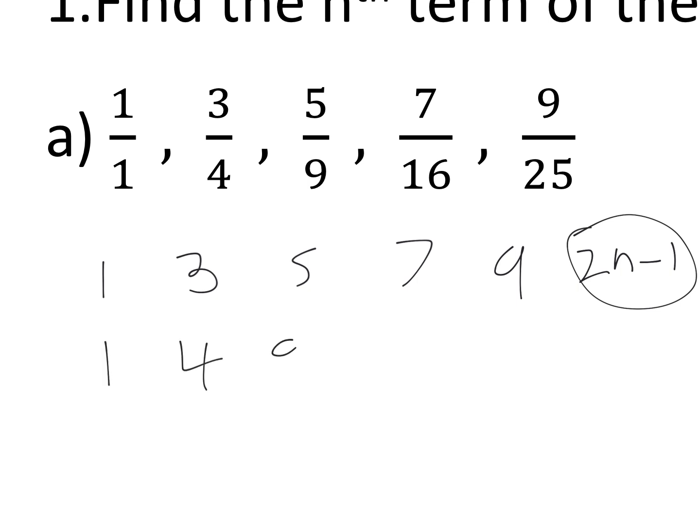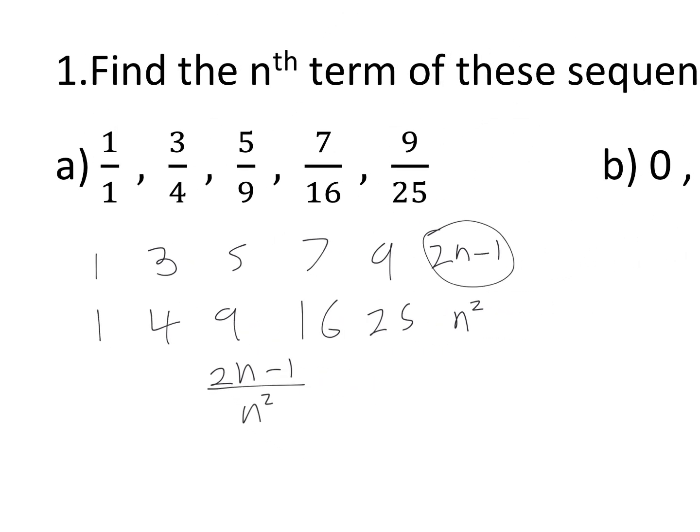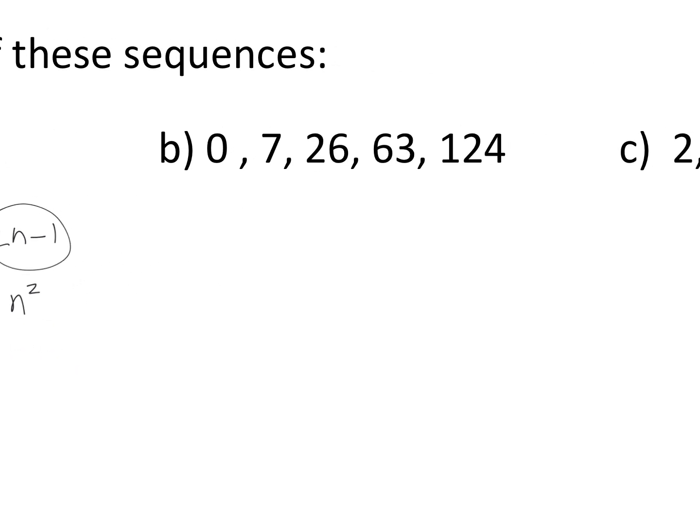The denominator, if I write it out, 1, 4, 9, 16, 25, that's the term number squared. That's the square numbers. So in summary then, if the numerator is 2n minus 1 and the denominator is n squared, then that is your nth term for that sequence. So it's made up of a numerator nth term and a denominator nth term, and then you can combine that for one whole nth term.